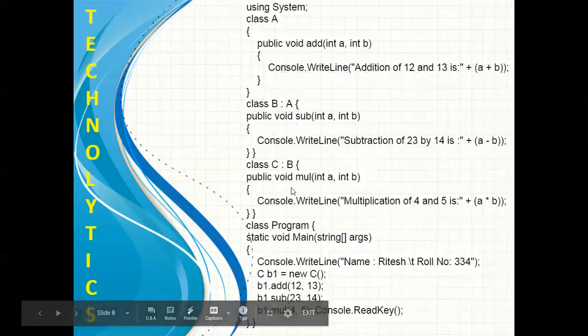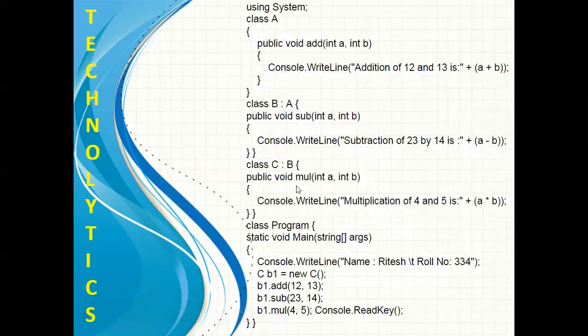Let's understand the concept of multi-level inheritance with the help of the following example. Here one class is there, A, and inside A we have defined one method add, and we are getting the addition of the two parameters which we pass in this method. On the next line, we have created another class B which is inheriting the class A using the colon operator.